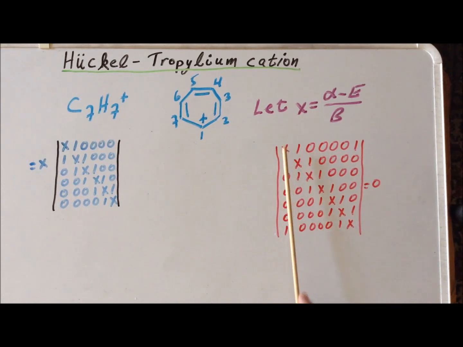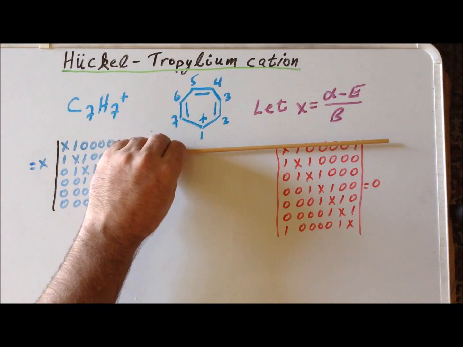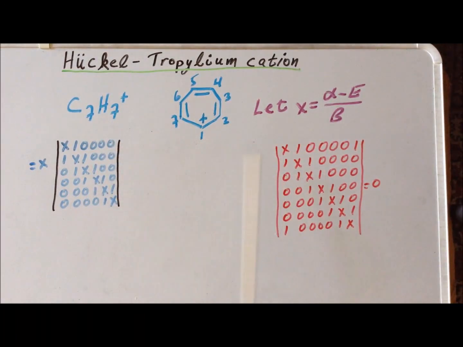So the values in the first column are going to become our coefficients, and they are going to multiply a 6x6 determinant that we get by removing the first column and the first row. That gives us a 6x6 when we use the entry in the first column and the first row as our coefficient.